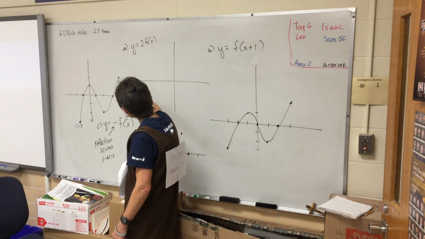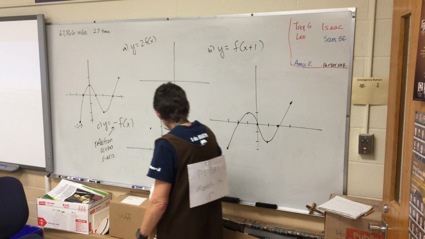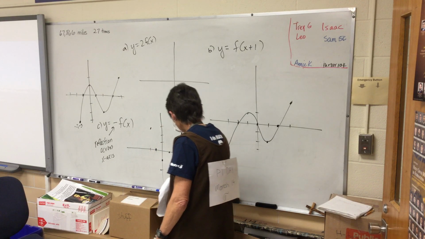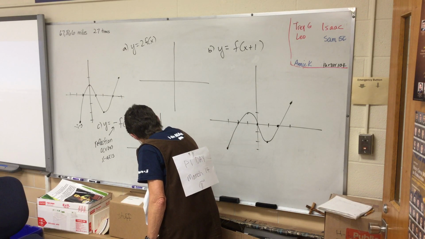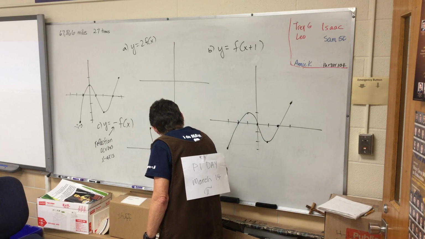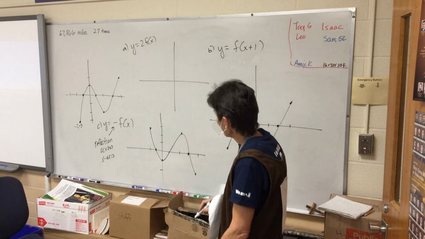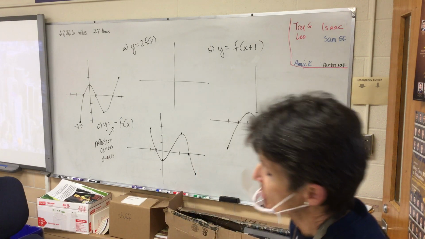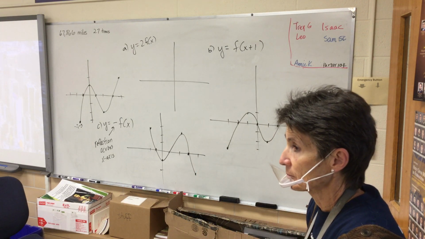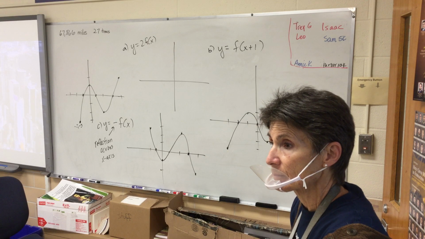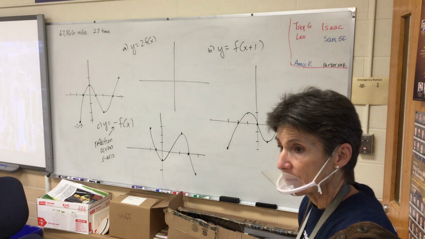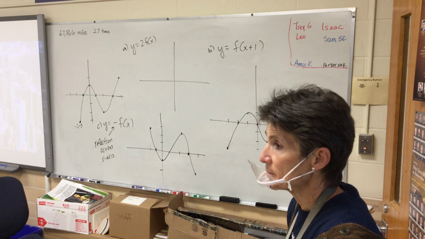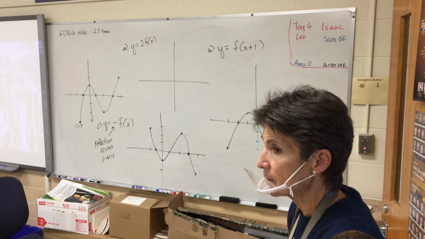And then let's see, this one's up 2, so he's going to be down 2. So when you connect those with a nice smooth curve, you should have exactly what you started with, just upside down. Is that okay? Seems easy enough.